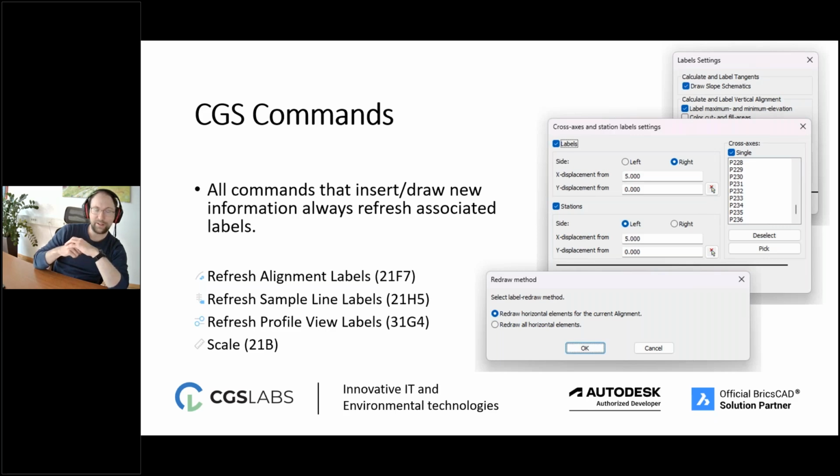So when you're creating cross sections, when you're inserting terrain again, it will also refresh the labels for the name of the cross section and the stationing and that stuff. We have different commands for refreshing alignment labels, sample line, and profile, and we also have the scale command which affects the CGS labels.